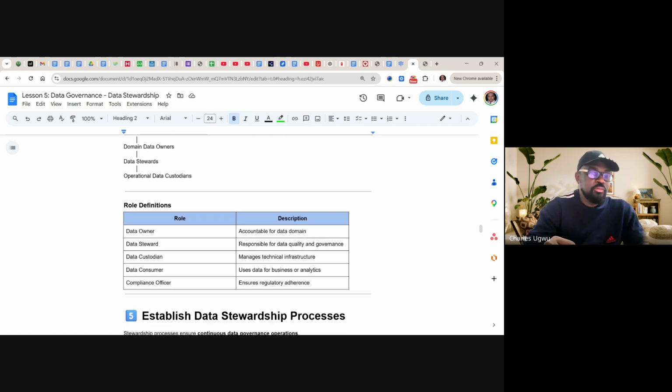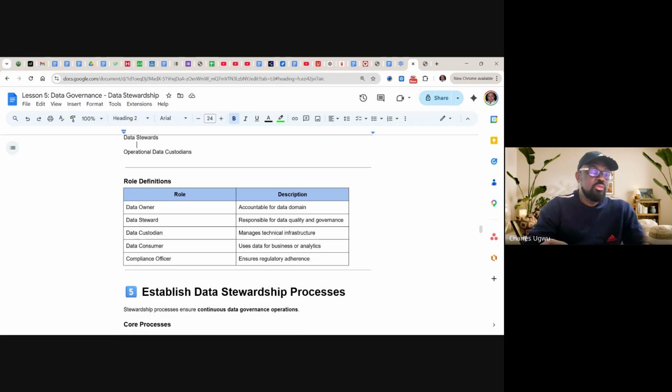And then roles. Role definition, so we discuss every role. The data owner is accountable for the data domain, the data steward is responsible for data quality and governance, the data custodian manages technical infrastructure, the data consumer uses data for business or analytics, and the compliance officer ensures regulatory adherence.